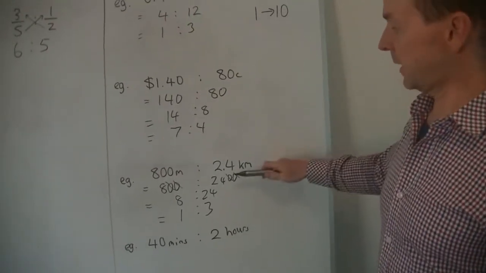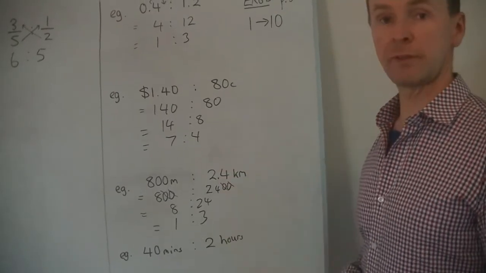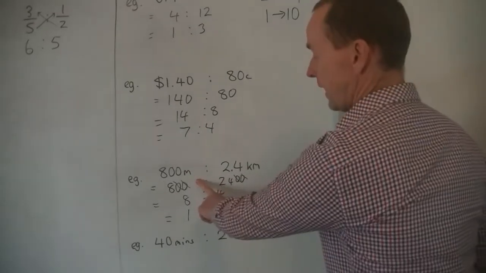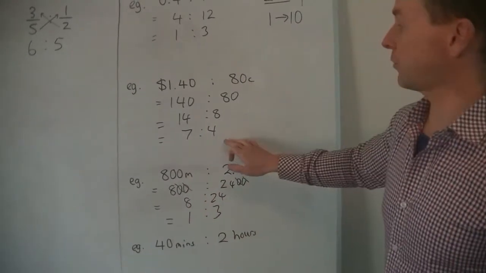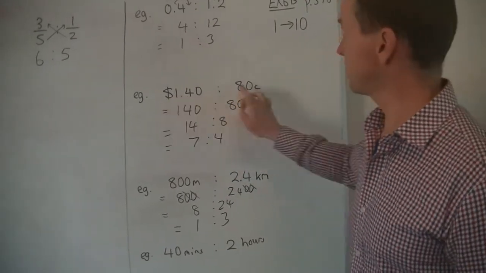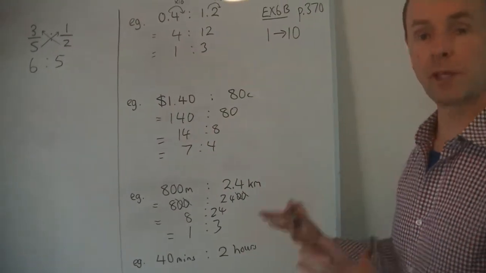See those steps there? The first step is always to change them to the same units. Once you've got the same units, you don't need to put units there anymore. It's just 800 to 2,400. There are no units. So all these ratios actually don't have any units at the end, but they have units at the start. But once they're the same units, you can get rid of the units because it's a ratio.